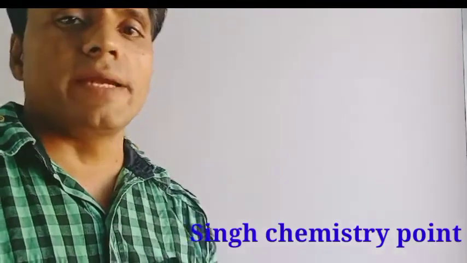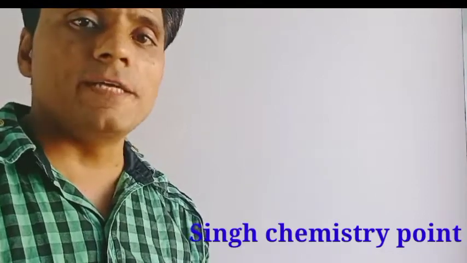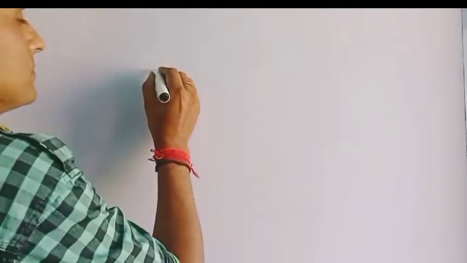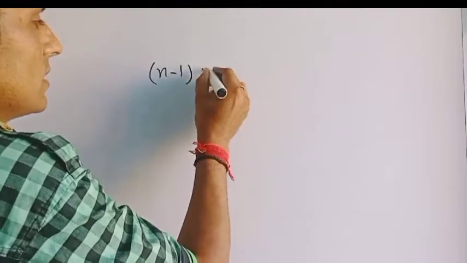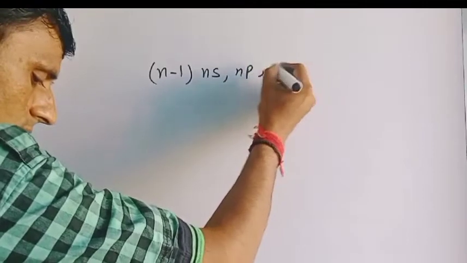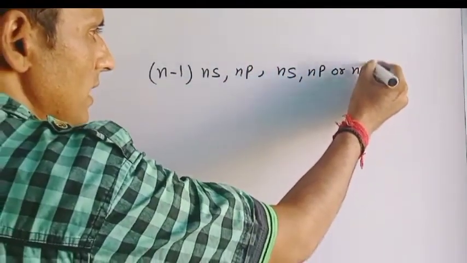Today I start my new topic, that is valency bond theory, or commonly known as VBT. According to this theory, the metal atom or ion forms bonds with ligands using its (n-1)d, ns, np or nd orbitals.